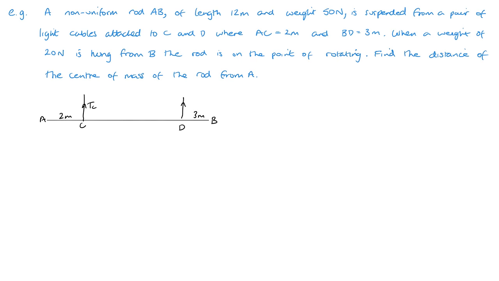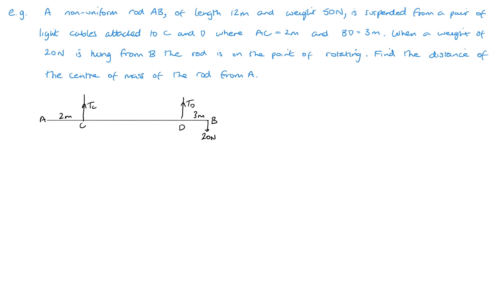So that's the tension at C and that's the tension at D. When a weight of 20 newtons is hung from B, the rod is on the point of rotating. Find the distance of the center of mass of the rod from A.